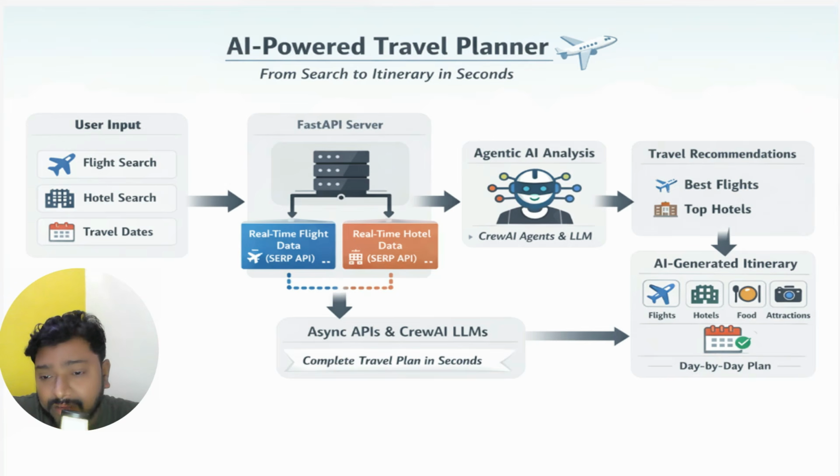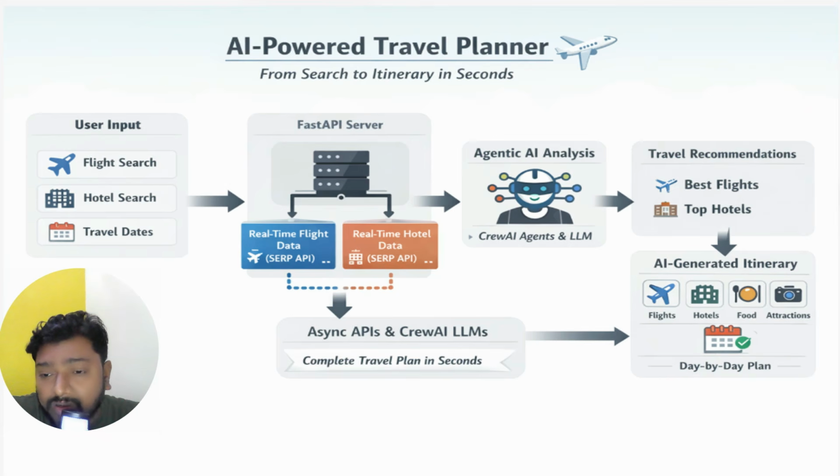If you start from the flight information, we have the hotel information, the food information, and attractions and activities information, so we have a day-by-day travel itinerary plan. We have this kind of information at the AI-generated itineraries layer.